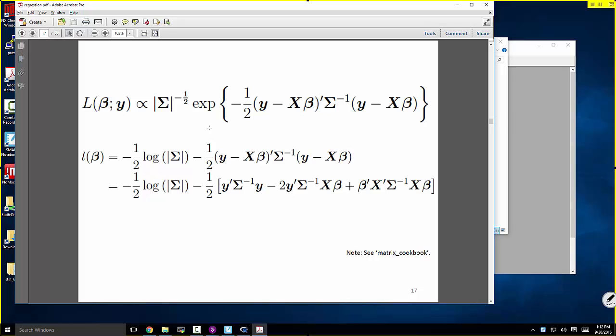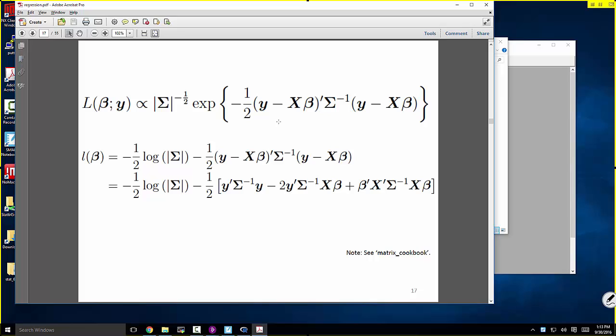Take my word for it, it looks like this. Instead of a 1 over square root of sigma in the front, we have a determinant of a covariance matrix to the minus 1/2. And instead of e to the minus 1/2 sigma squared times (y_i minus x beta) squared, we have a quadratic form of vectors weighted by a covariance matrix.